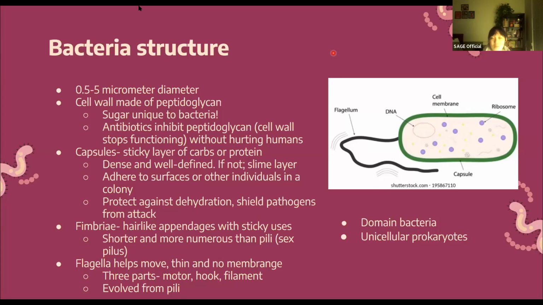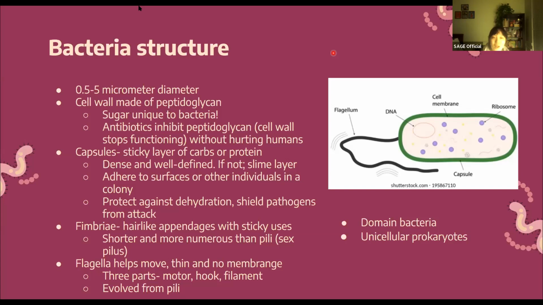And remember that the cell wall is like a protective layer for the bacteria. So when the cell wall disintegrates, the bacteria are more prone to being attacked by white blood cells and other immune defense systems.